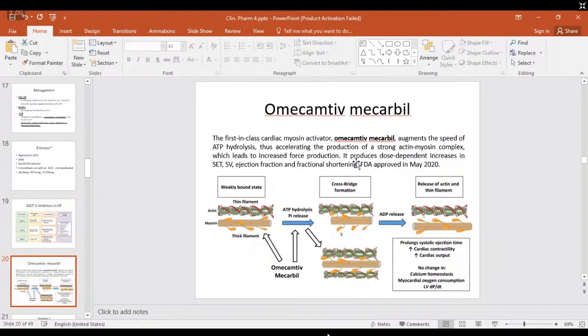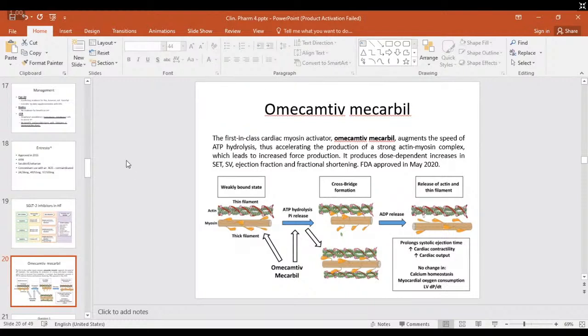Another very new drug, and this is an interesting drug actually. It's called omecamtiv mecarbil. It was FDA approved last year. It's still not very commonly used, that's why I included it as the last drug.